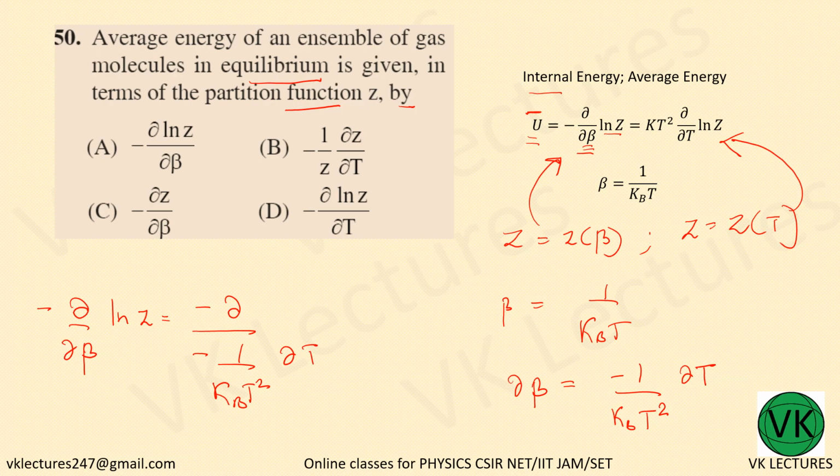That is nothing but, minus minus get cancelled, so k_B T squared into ∂/∂T log Z. So this is how you get two different equations for internal energy. This is k_B, Boltzmann constant.